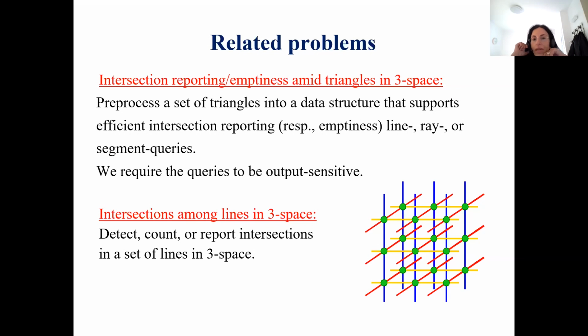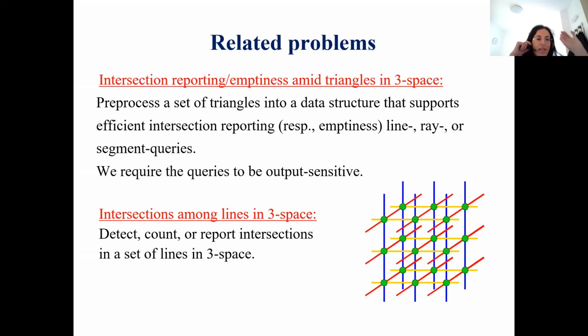Intersection reporting or emptiness amid triangles in 3-space. Here we are given a set of triangles in 3-space as before, and you would like to preprocess them into a data structure that supports line, ray, or segment emptiness or reporting. What does it mean?